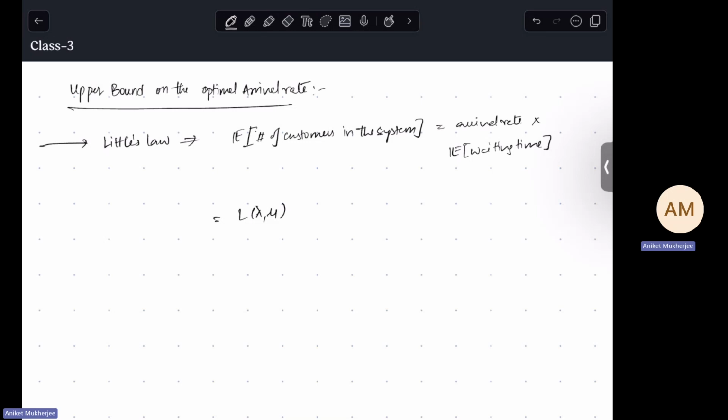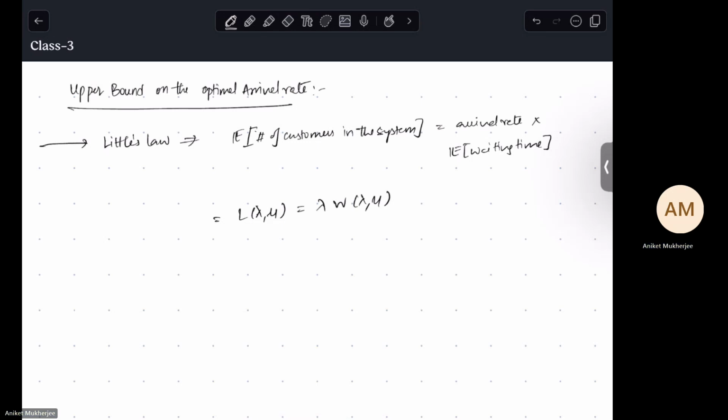But if you fix one variable and make the other variable unknown, then you'll have it as a function of lambda only or mu only. This is equal to lambda times W(lambda, mu). The L and W also depend on the scheduling policy that you fix. But for this first chapter, we are always considering the FIFO scheduling policy, so we are not writing it as parameterized by FIFO, right?